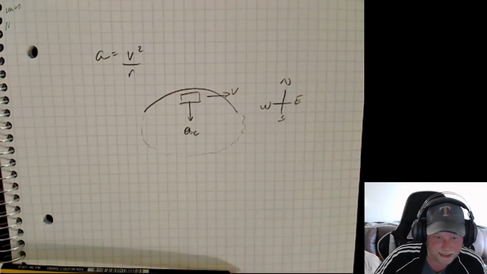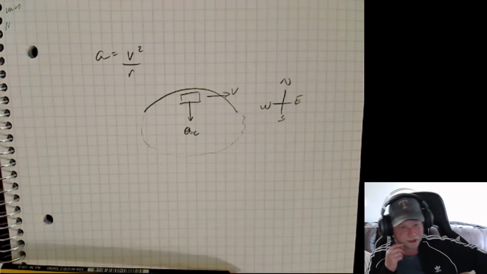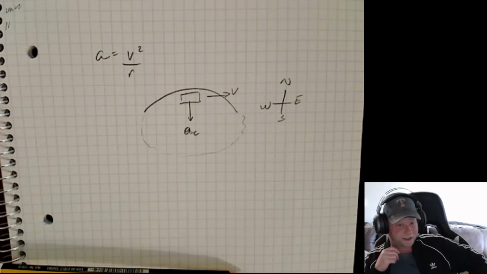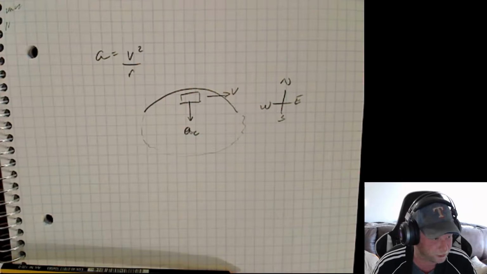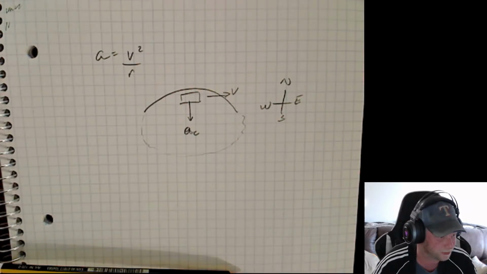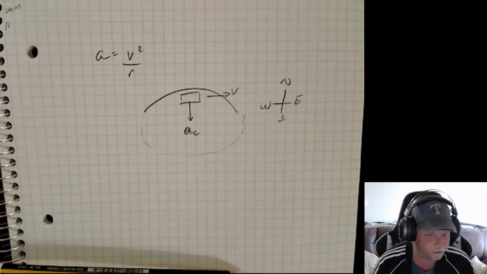All right, so just like in simple harmonic motion, we're still going to be dealing with the ideas of period and frequency. And the definition for those two hasn't changed at all. Period is still the amount of time it takes for an object to complete one cycle. In the case of circular motion, that cycle is one full revolution.